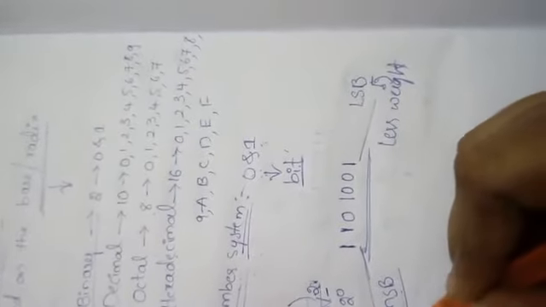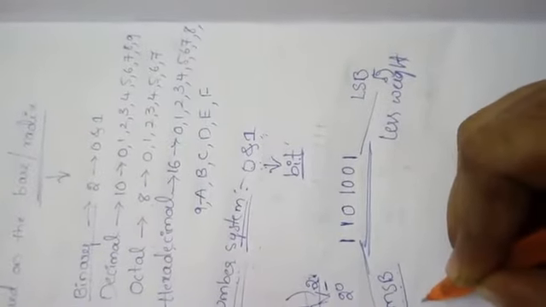Like that, the leftmost bit we can call the MSB, the most significant bit. Its weight will be very high, it consists of the largest weight.